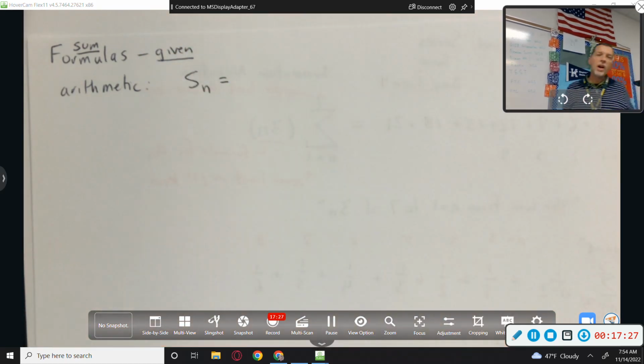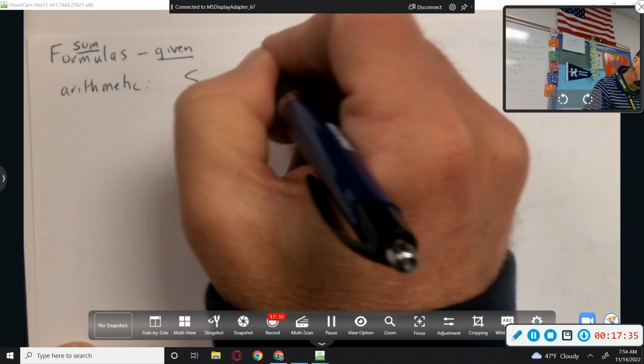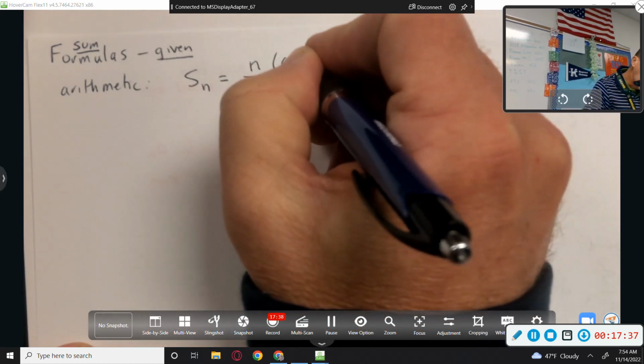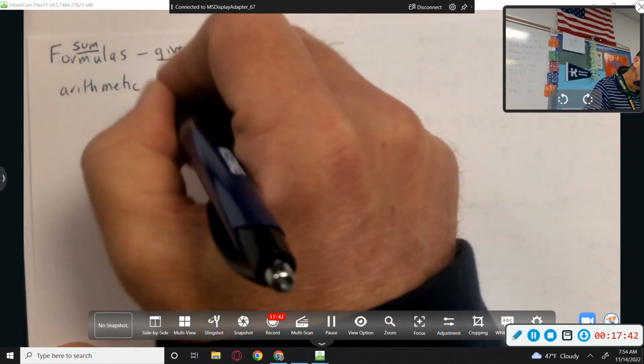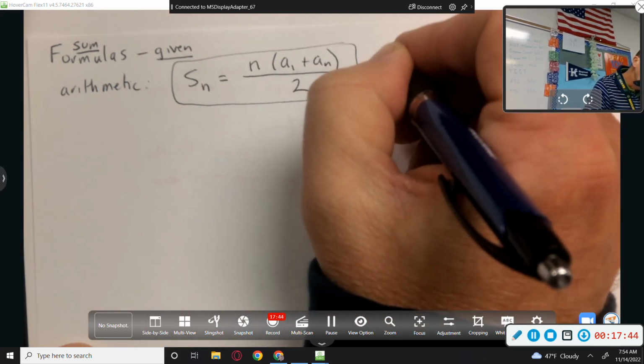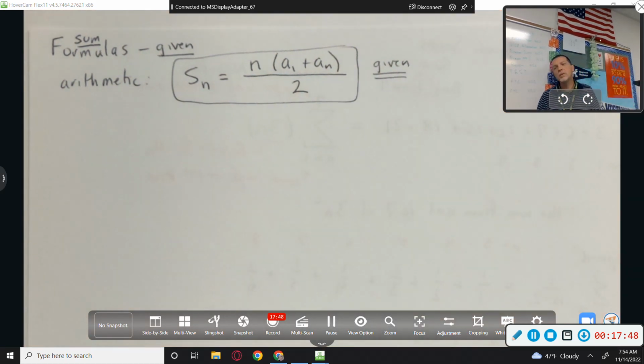So here's the arithmetic sum formula. S sub n, meaning the sum, is n times a1 plus an all over 2. Again, we will give that to you.